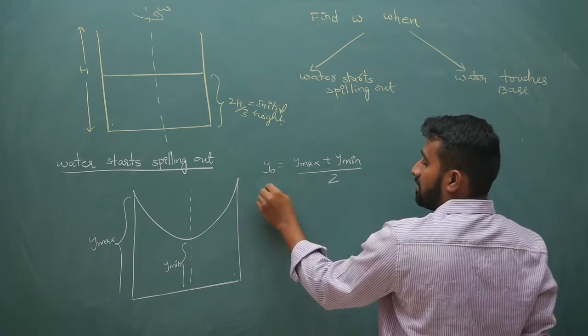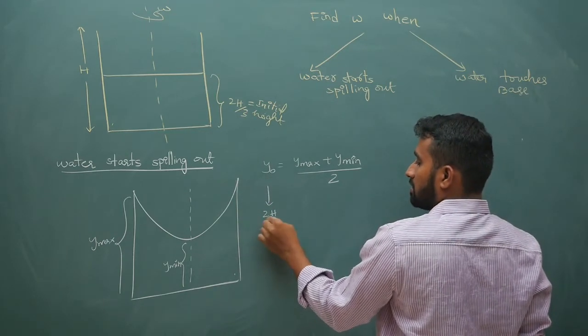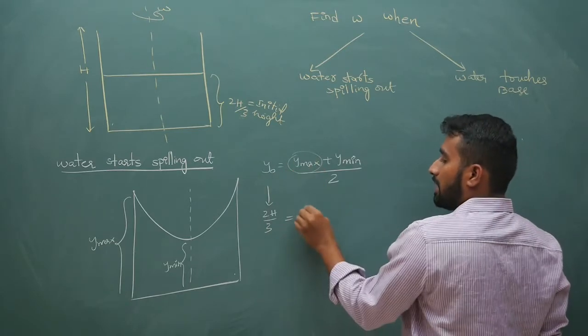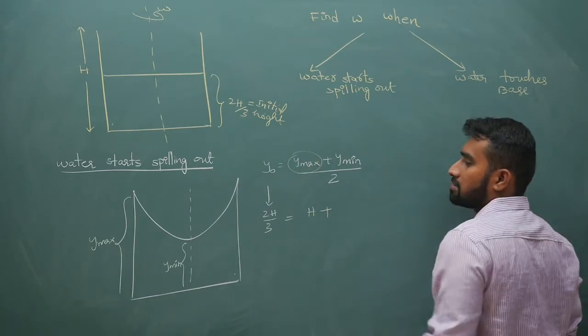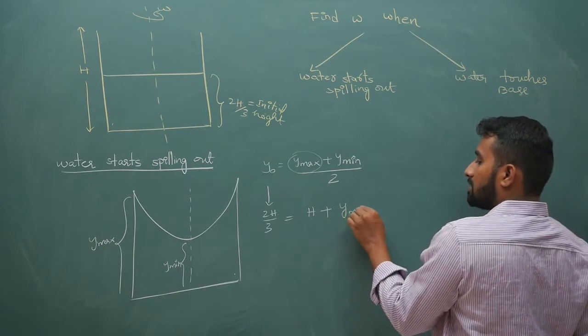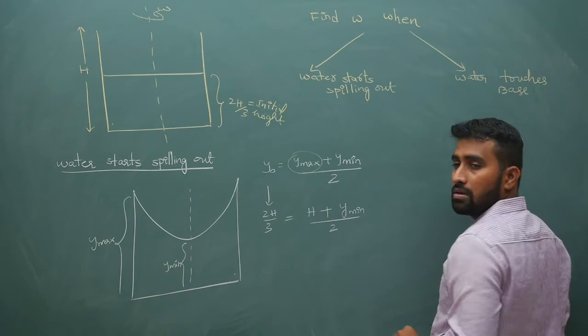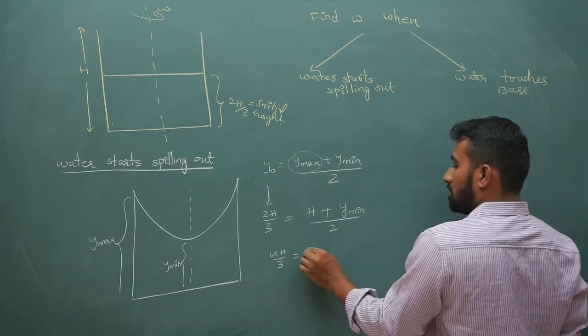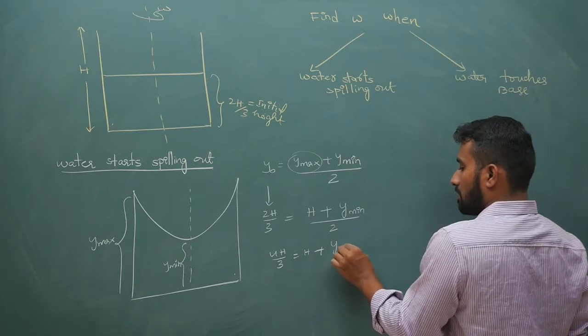Initial height Y naught is given as 2h by 3. When water starts spilling out, the maximum height is capital H, plus the minimum height, which you don't know, by 2. From here 4h by 3 is equal to h plus y min.